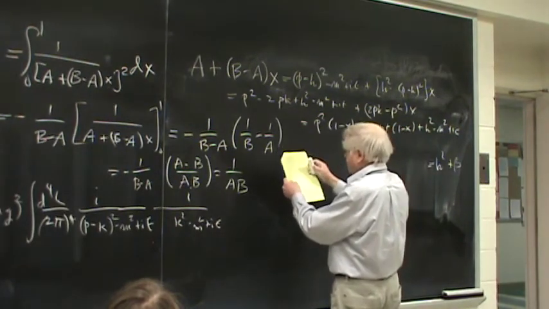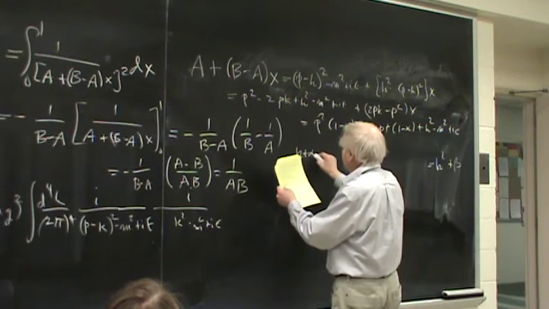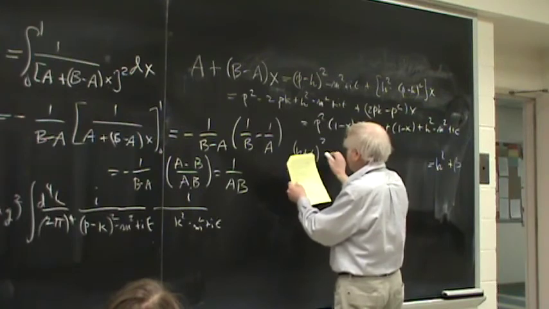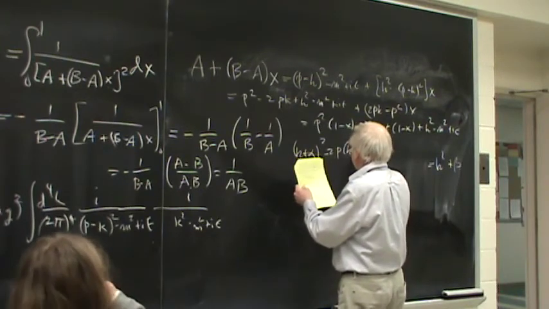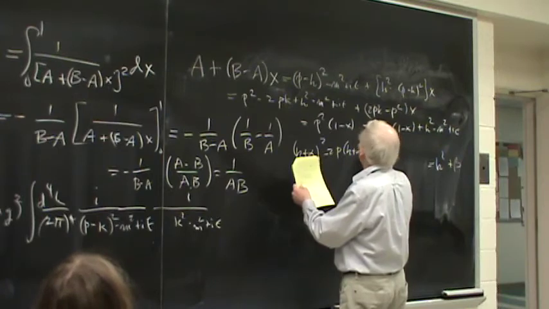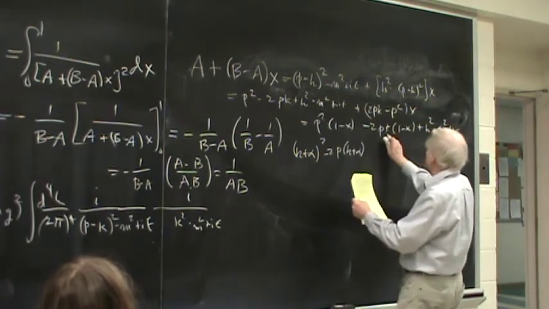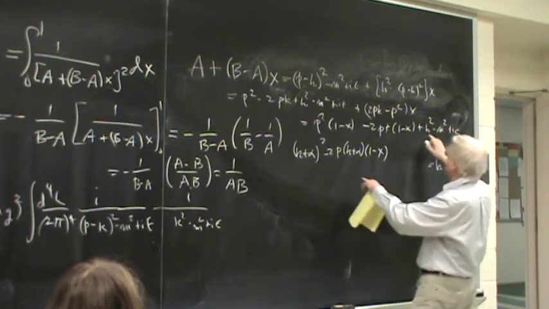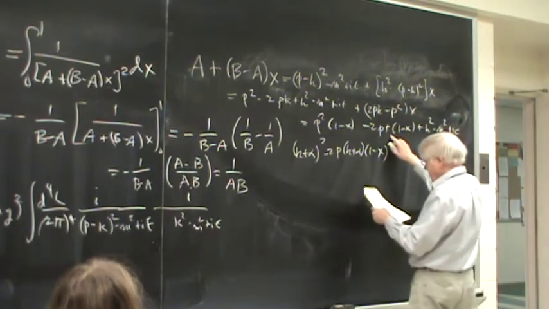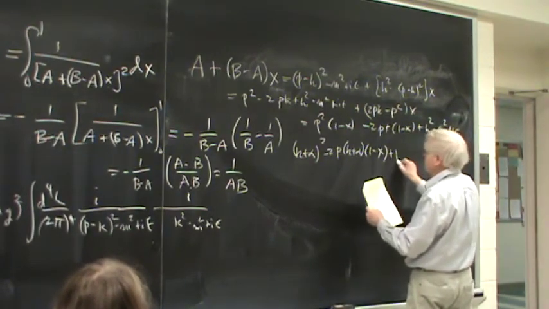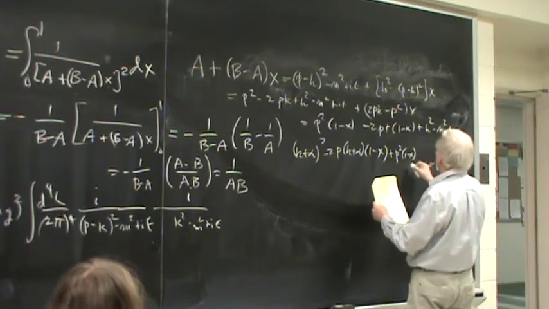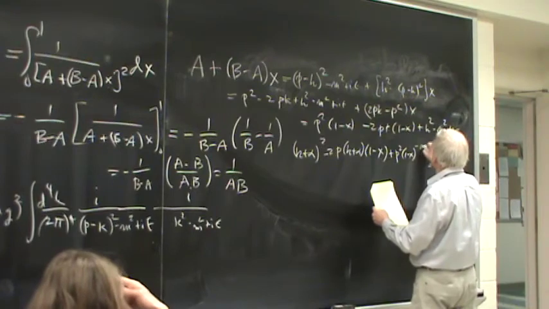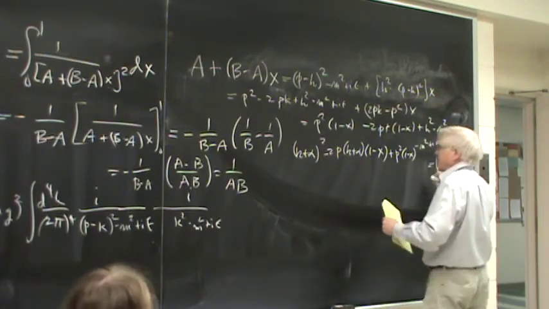So what we do is we have here (k plus alpha) squared, that's this term. Then this term is minus 2p·(k plus alpha) times (1 minus x). So I've shifted k here and here, and then we have the other terms, which are p squared times (1 minus x) minus m squared plus i epsilon, and that's going to be beta.